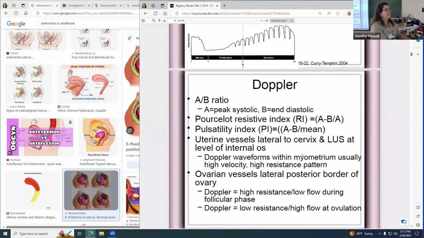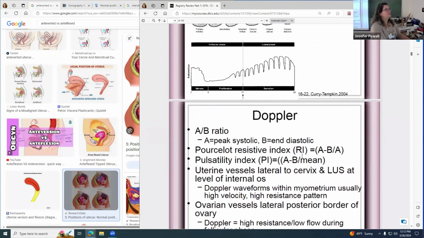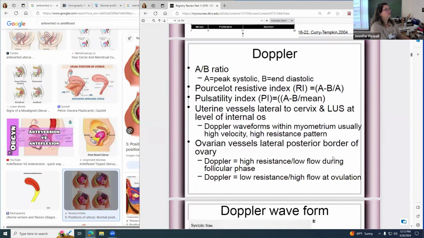Okay. As far as Doppler goes, you have the systolic diastolic ratio, peak systolic to end diastolic ratio, and this changes also with your cycle. So the Pourcelot resistive index, which is also known as the resistive index, is your peak systolic minus your end diastolic divided by your peak systolic.